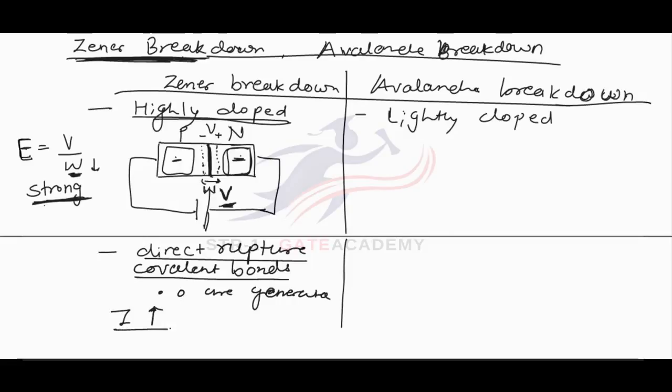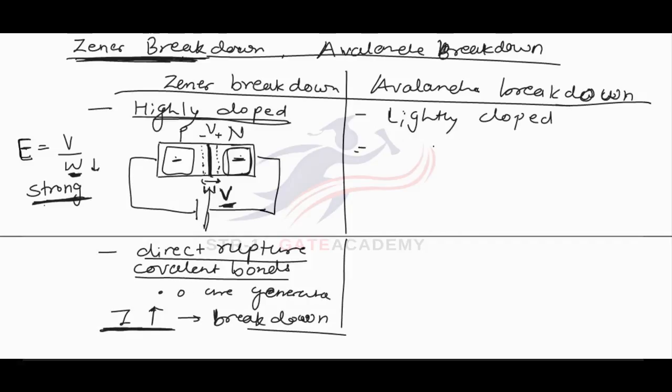So sudden increase in current is termed as breakdown of diode. So in this case, breakdown is due to a very strong electric field across the depletion layer in a highly doped p-n junction. Now we will see what is avalanche breakdown.